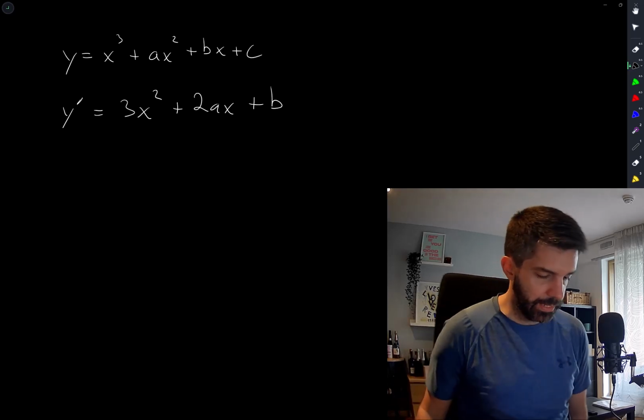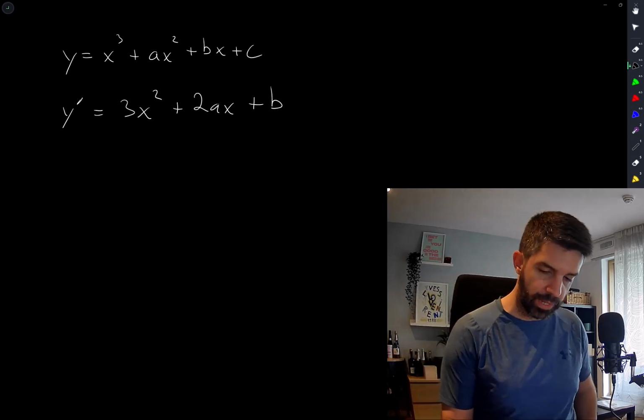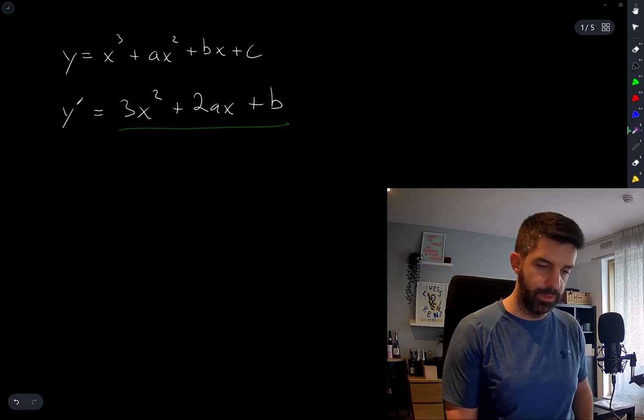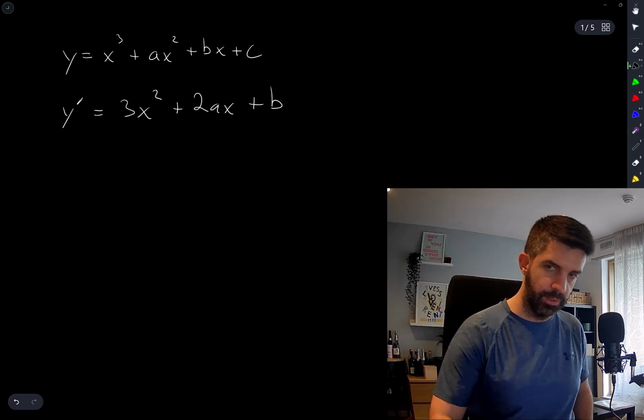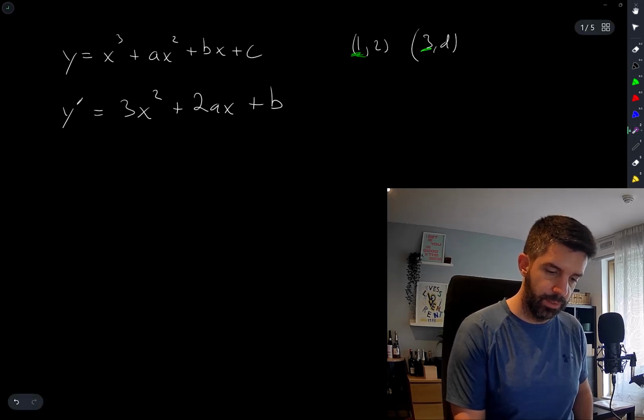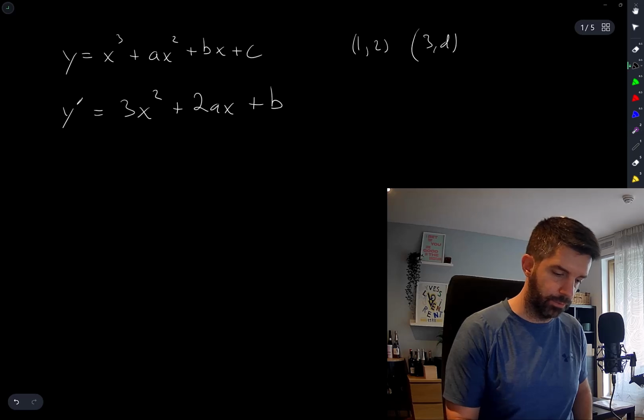So the first thing I know is that when I substitute x equals 1 in here, I get 0. Same when I substitute x equals 3 in here, I get 0, because the turning points are at 1, 2, and 3d. So the derivative is 0 at these two values of x.